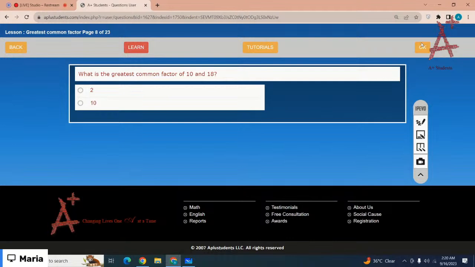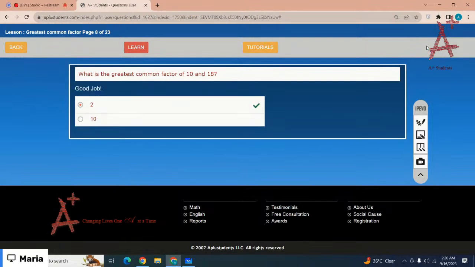So which is the correct option? The correct option is 2. Very good. How do we know? 2 is the number that divides 10 and divides 18, right? 10 and 18 both are completely divisible by 2. So the correct option is 2, right?